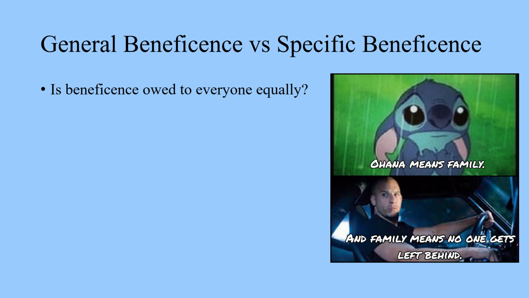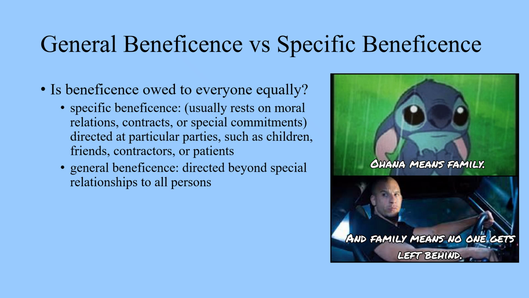That seems idealistic, which is ultimately Beauchamp and Childress's point, which is why we make this distinction between specific beneficence, which is the idea that we owe beneficence to people within our social sphere that we interact with. So immediately you should be thinking care ethics, that partiality that we were just talking about a moment ago. Specific beneficence is directed at particular parties such as children, friends, contractors, patients, family members, or groups like that.